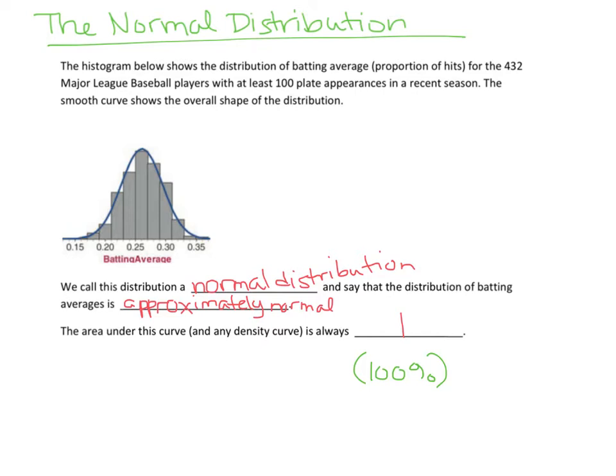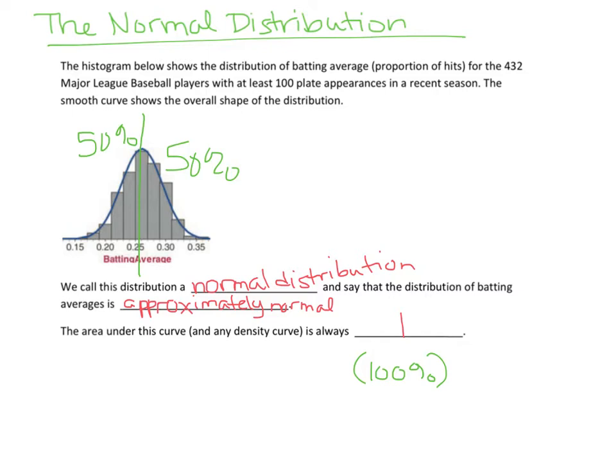So for example, if you were to cut this thing exactly in the middle, the mean looks like it's around 0.26 or so, maybe it's 0.25. But if you were to cut it exactly in the middle, you would find out that 50% of the values would be to the left of the mean and 50% would be to the right.